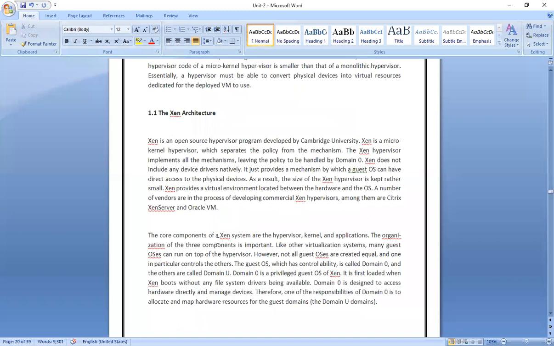Now, the second one is the Xen architecture. Basically, Xen is an open source hypervisor, and it was developed by Cambridge University. It is based on the microkernel hypervisor.